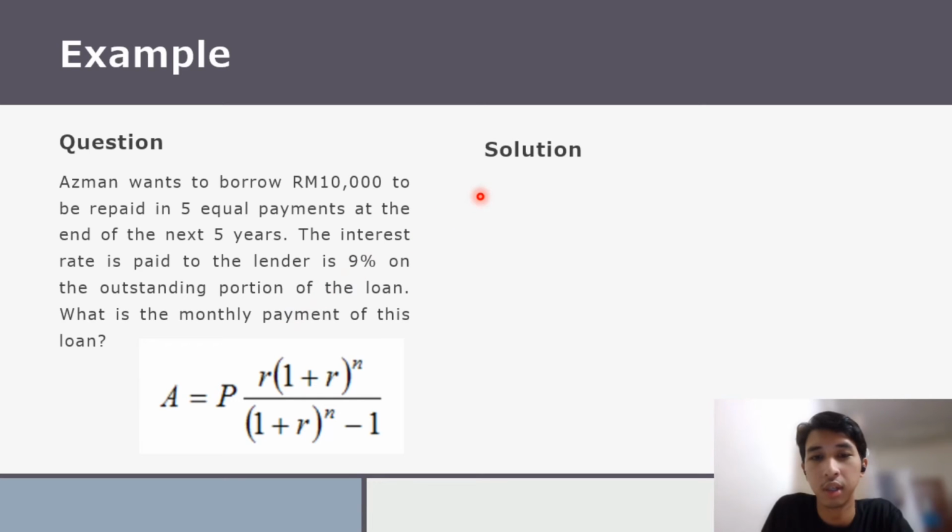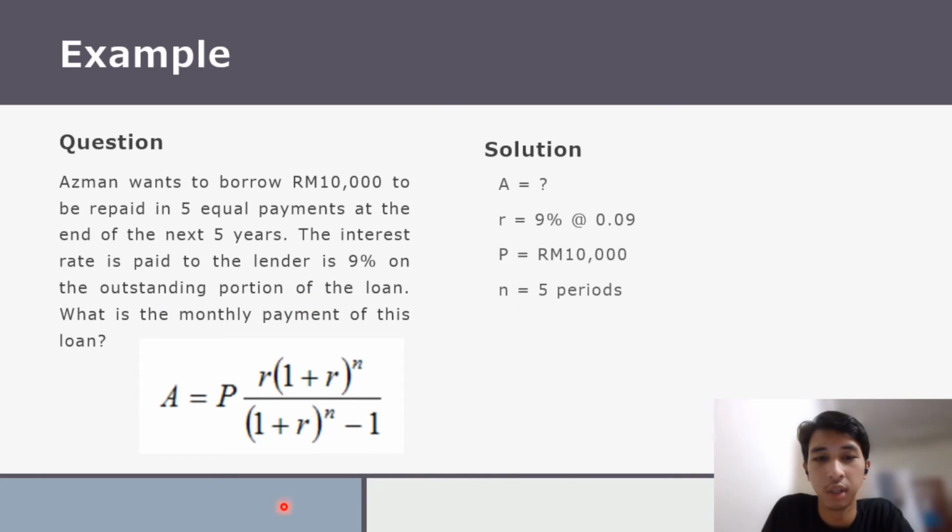The solution: A is the monthly payment that we need to find. R, the interest rate given, is 9% or 0.09. For the principal, the amount Azman borrowed from the creditor is 10,000 ringgit, and n is 5 periods.